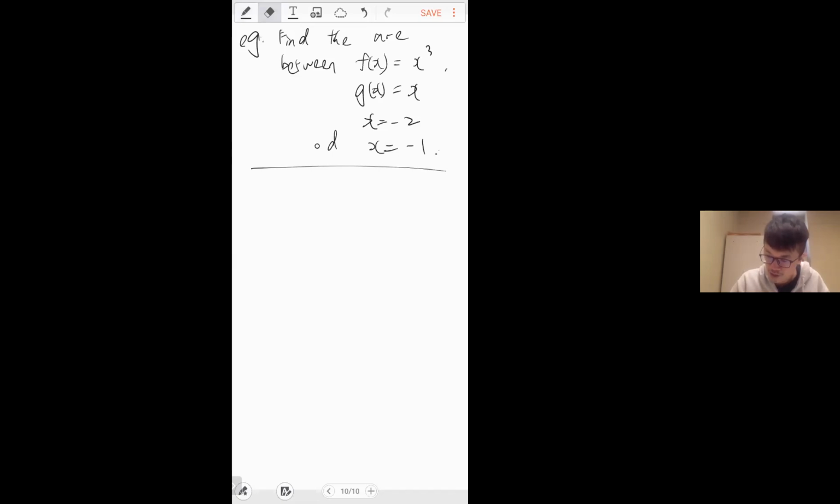I guess it's the same as saying between these two curves from x equals negative 2 to x equals 1. All right, first step, what do I need to do?